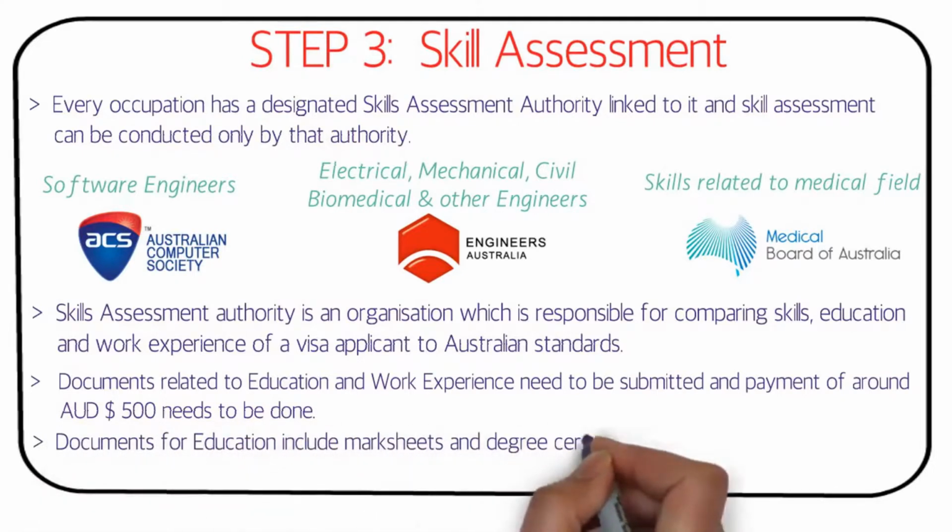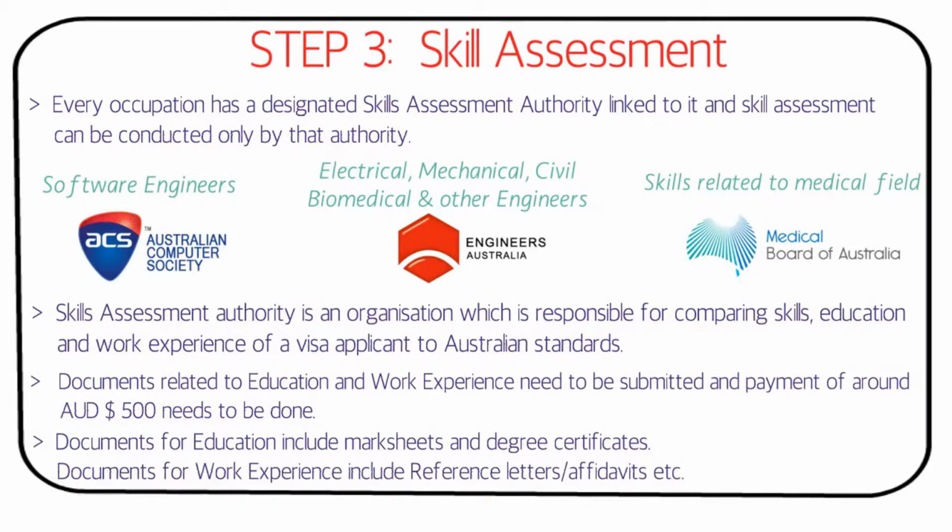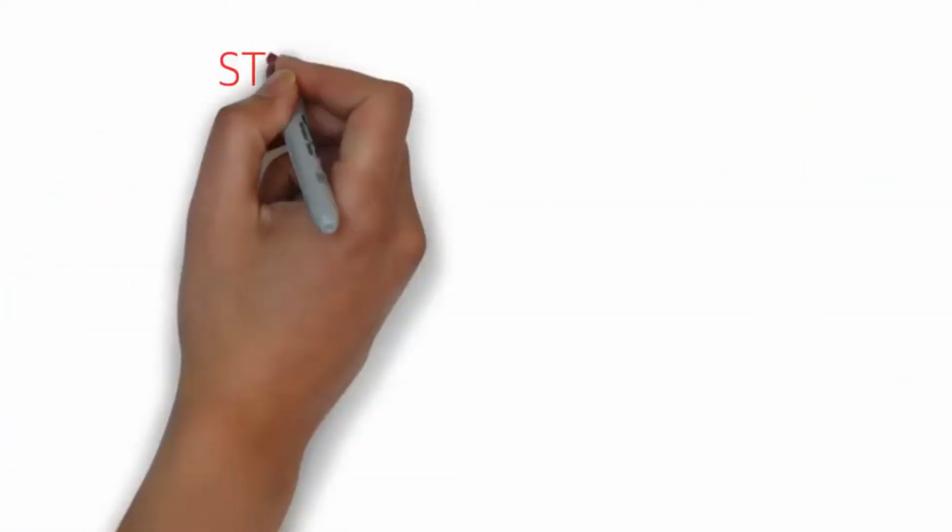Documents for education include mark sheets and degree certificates, and documents for work experience include reference letters, affidavits, and work experience letters. I'll make separate videos for all of these steps and discuss them in detail. So this was about skill assessment.